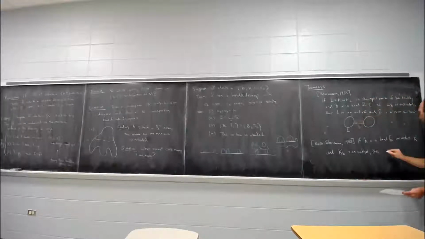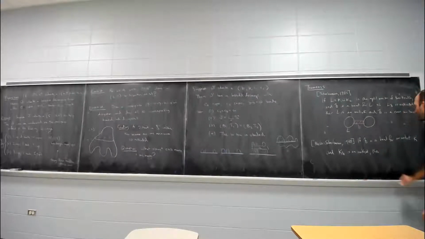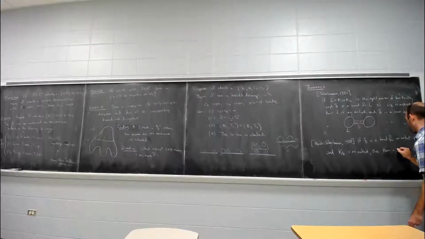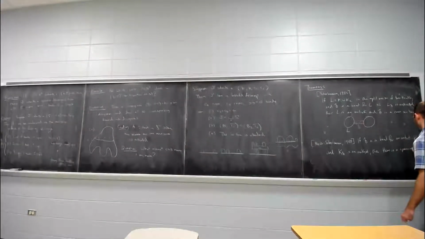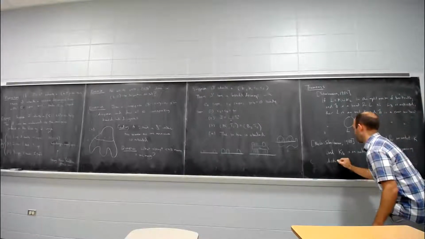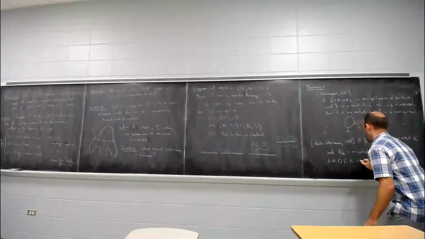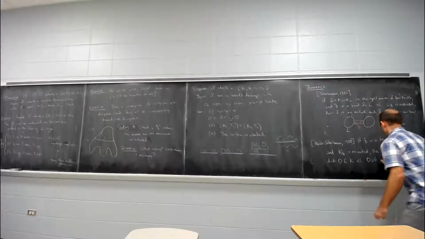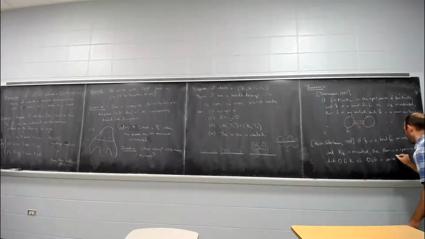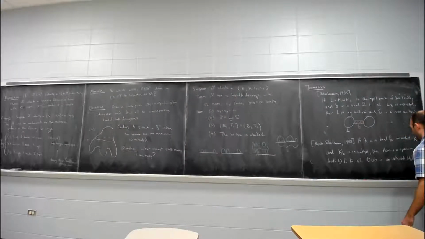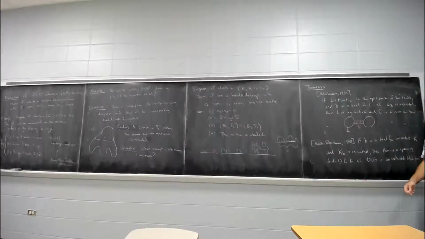Then there's a spanning disk D for K such that D union B is an unknotted Mobius band, by which I mean the core of the Mobius band is unknotted.